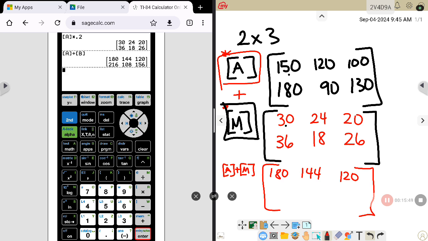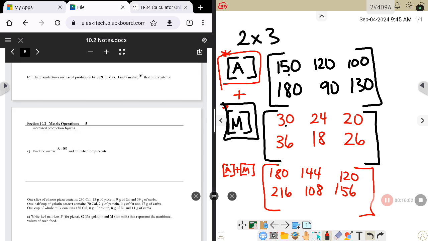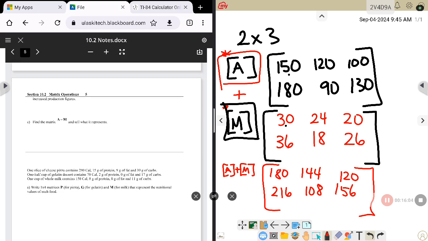The second row is 216, 108, and 156. So let's see what these mean. Part C says, tell what the matrix A plus M is and tell what it represents.